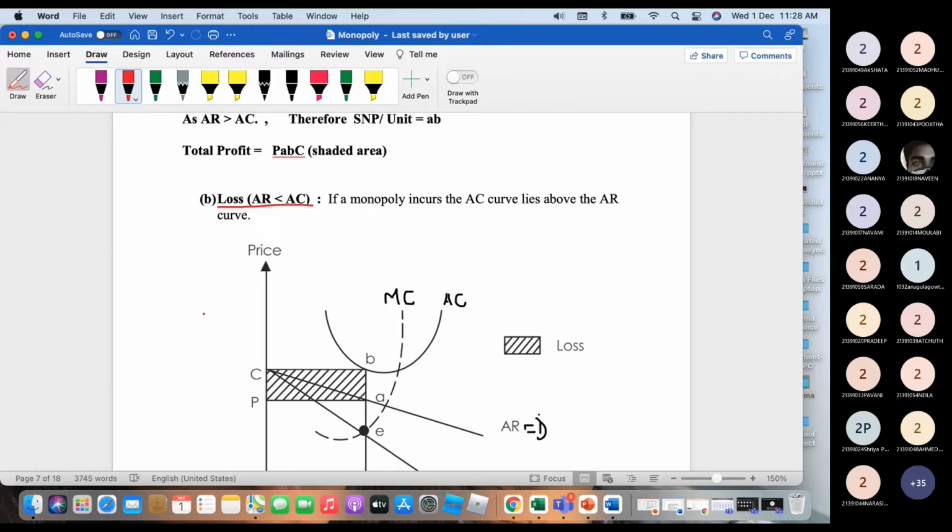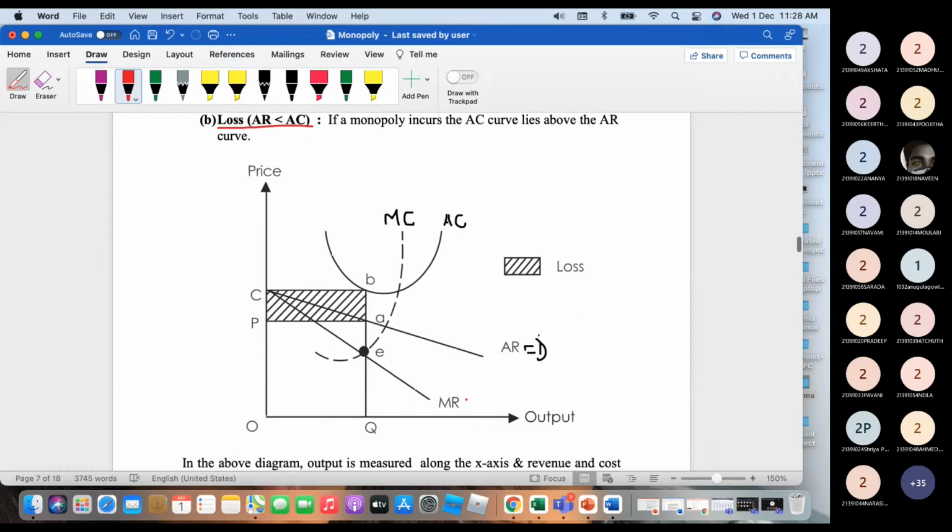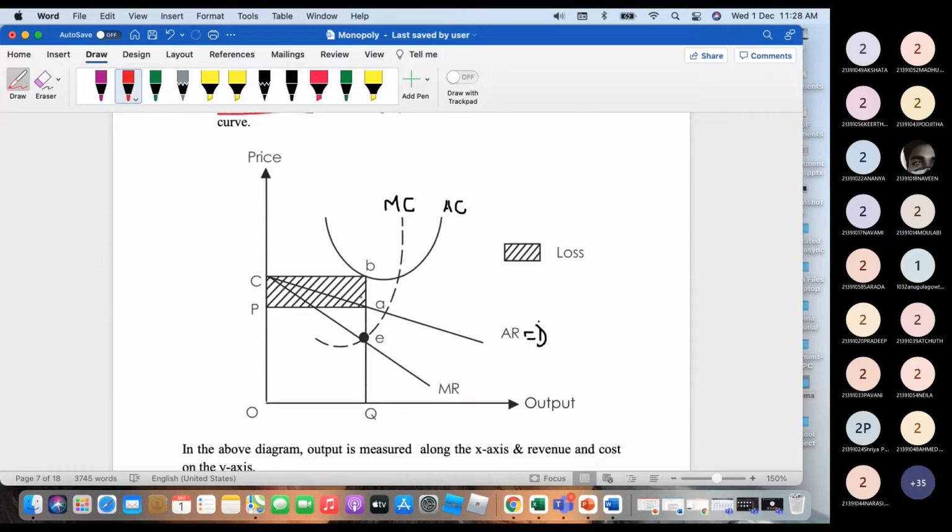Students, everything is just the same. You draw AR, MR, you find out the equilibrium point. From the equilibrium point, you will find out the AR, that is the price. Only difference, students, this all you have to do in your homework: the AC curve, because your average cost is more than the average revenue, we have drawn the AC curve which is above the AR. Just check it out, students.